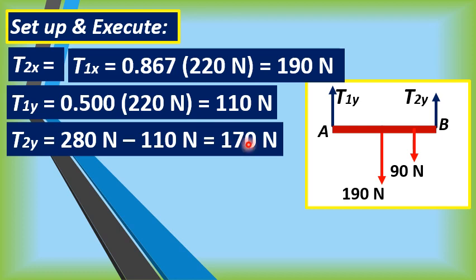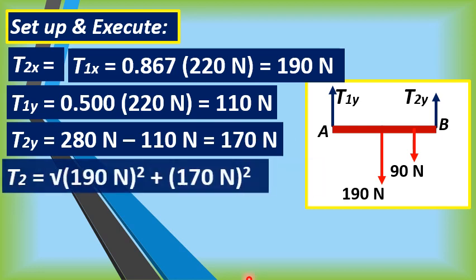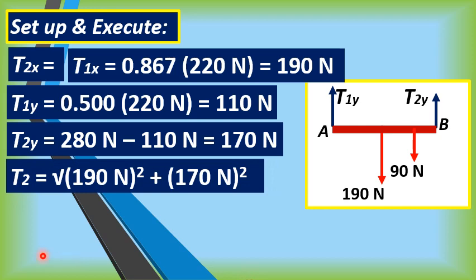So we will get 170 newtons. And that brings us to our computation for T sub 2 using the Pythagorean formula. T sub 2 is just equal to the square root of the sum of the squares of T sub 2x and T sub 2y.